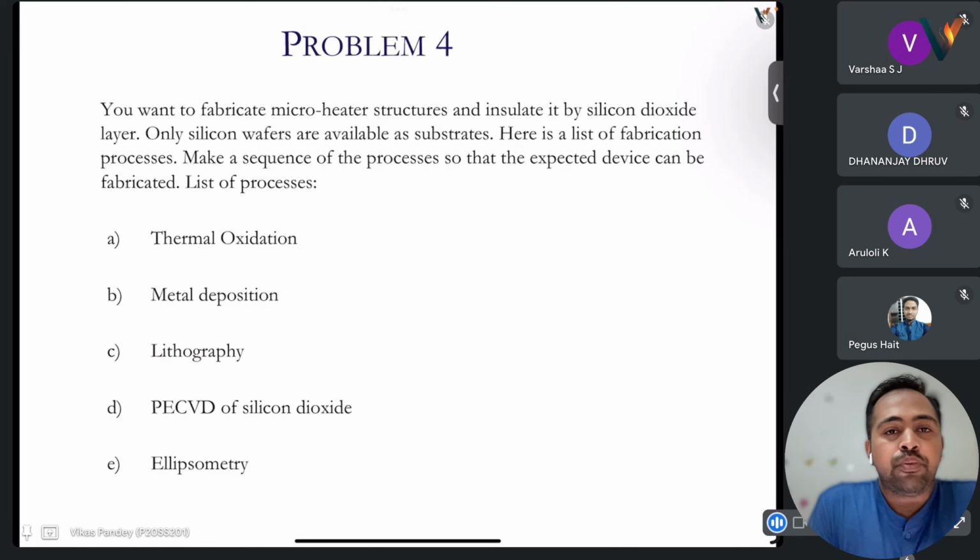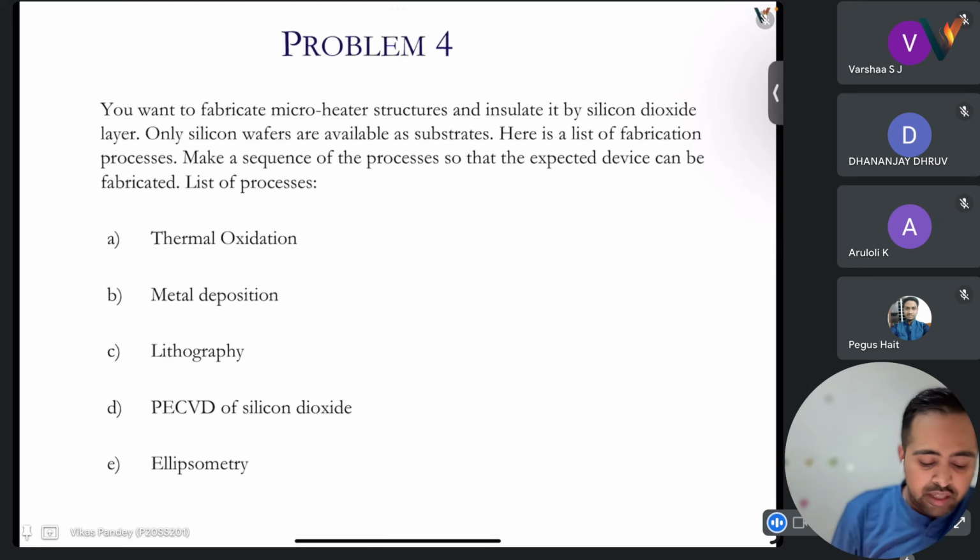So coming to problem 4, this is about the general way of fabricating. In the previous week we saw that we want to create a micro heater structure which will heat a localized area, and then we want to insulate it using a silicon dioxide layer.